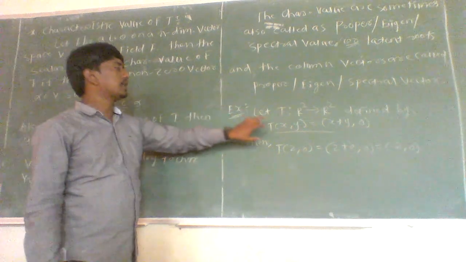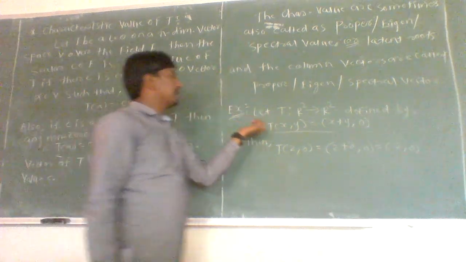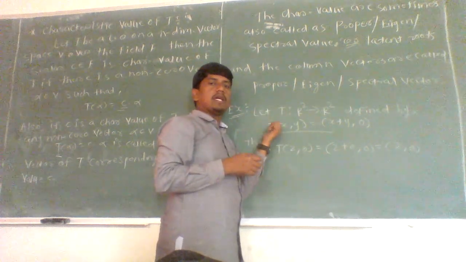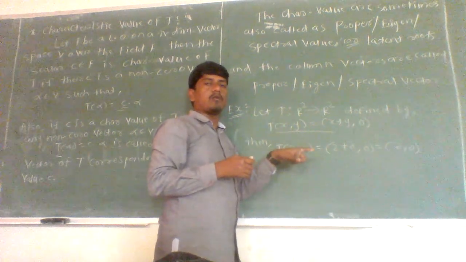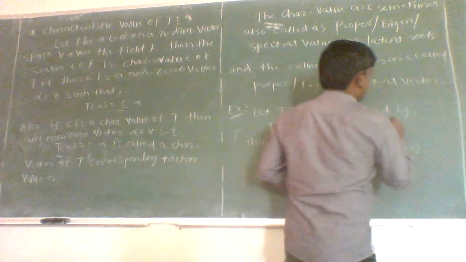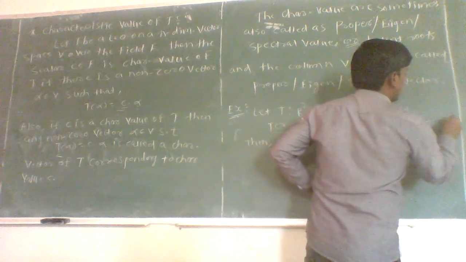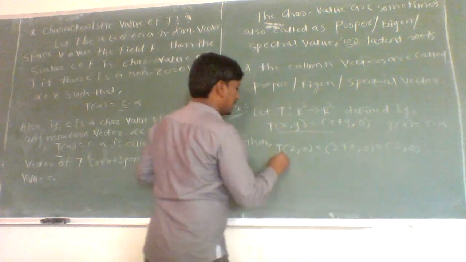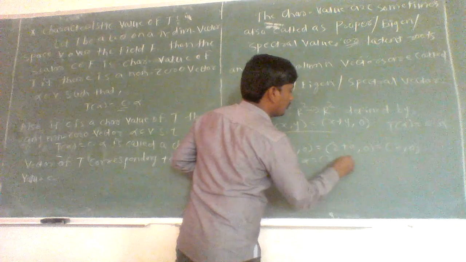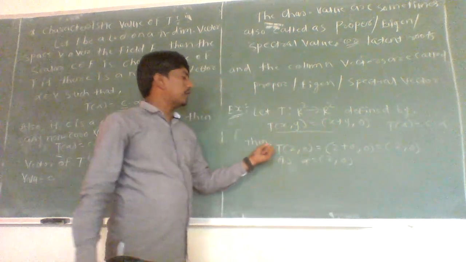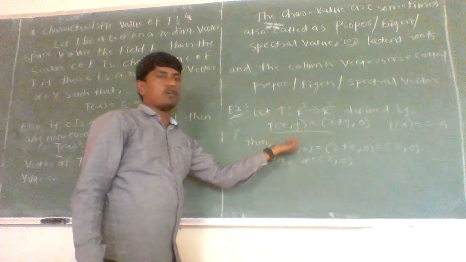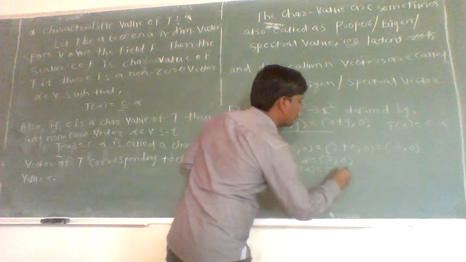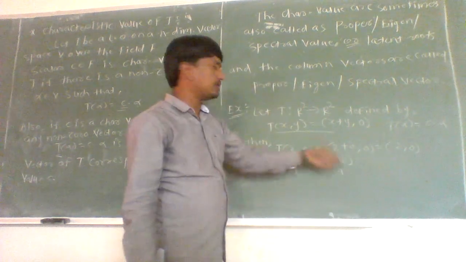Now, C belonging to the field is said to be a characteristic value of T if there exists a non-zero vector alpha belonging to V such that T of alpha is equal to C into alpha. Here we take alpha equal to (2, 0).